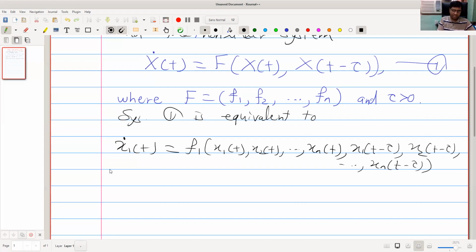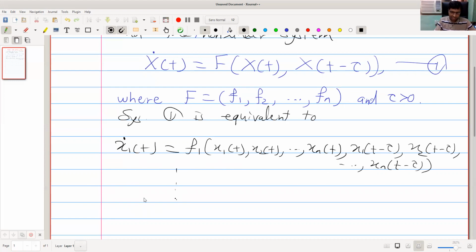This is the first equation. Similarly, we have the second equation x2 dot of t equal to f2 of x1 of t, x2 of t, and so on xn of t, then x1 of t minus tau, and so on xn of t minus tau, and so on.